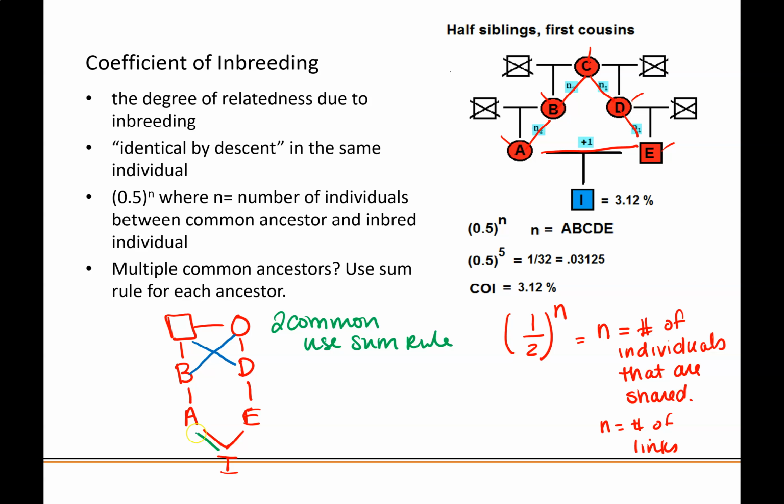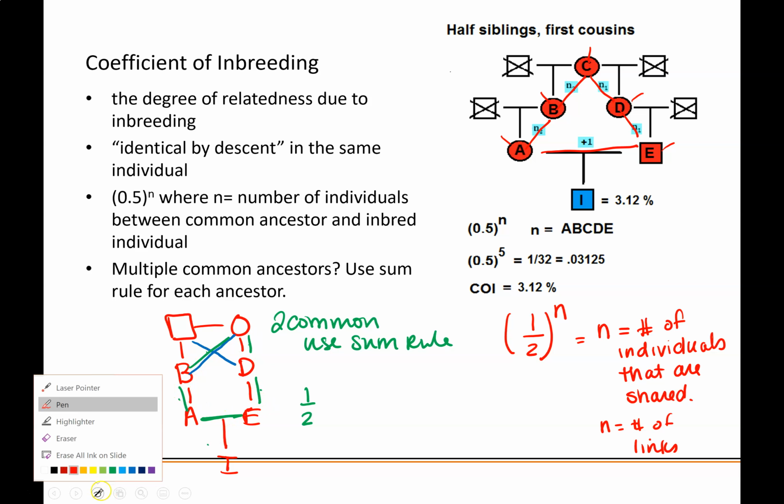So you can have path 1, 2, 3, 4, 5, 6. Sorry, that should still be 5. Oh, because here, 6 that way. Sorry. Let's draw it this way. All right, so 1, 2, 3, 4, 5.